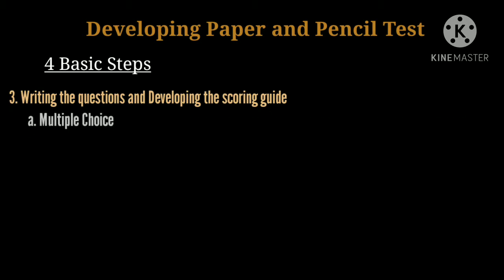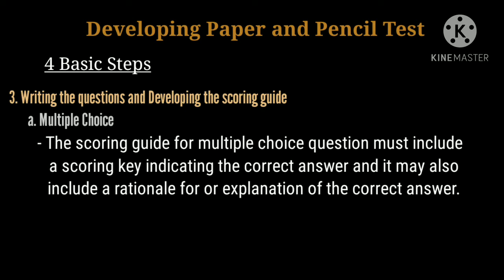In multiple choice, the scoring guide for a multiple choice question must include a scoring key indicating the correct answer. It may also include a rationale or explanation of the correct answer. If marks are to be deducted for guessing, this must be determined and stated in the instructions to students.